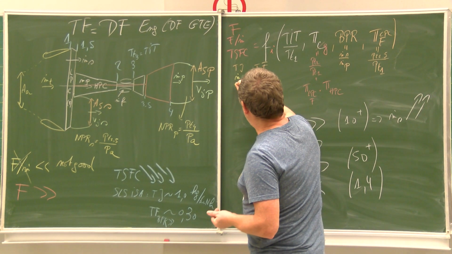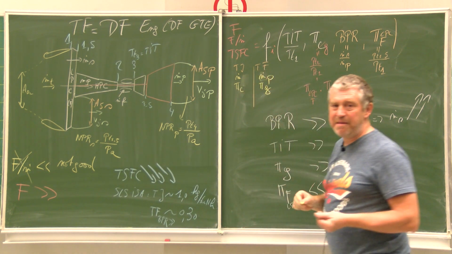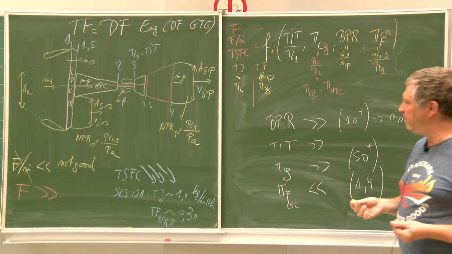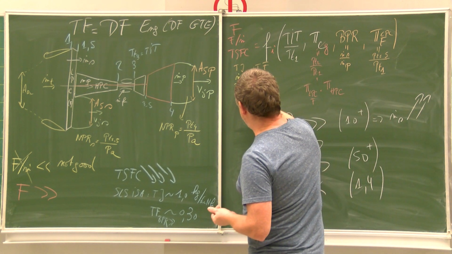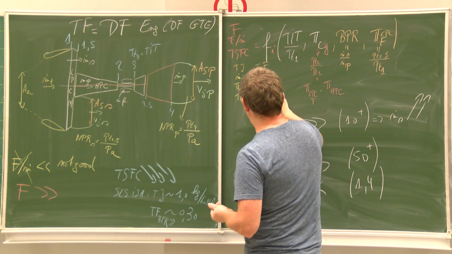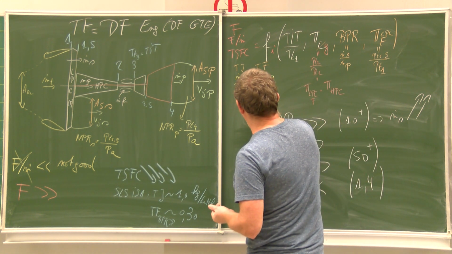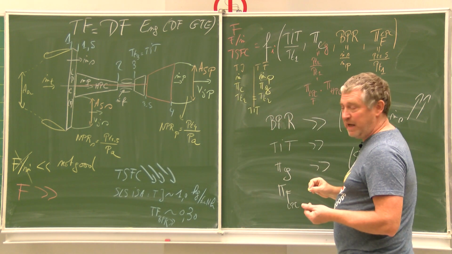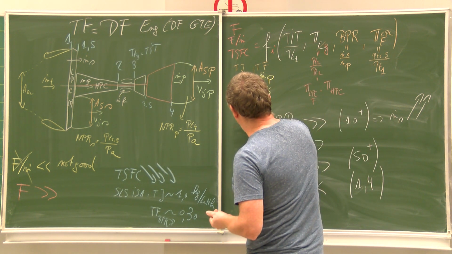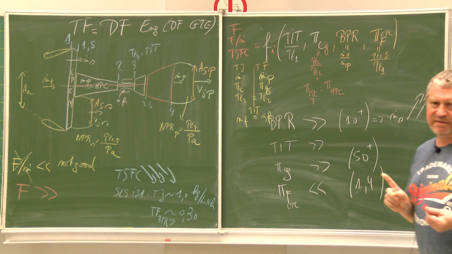The pressure ratio of the turbojet is the same as the global pressure ratio. So that means, for example, you have the same TT2. The TT2 is the same in both cases. We fix also the same TIT.